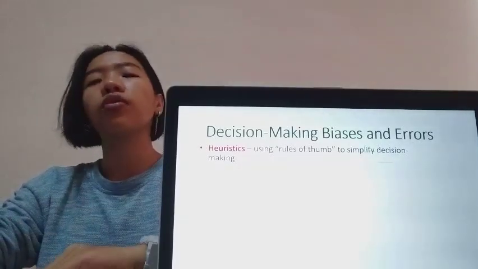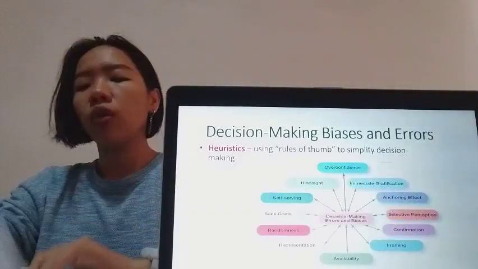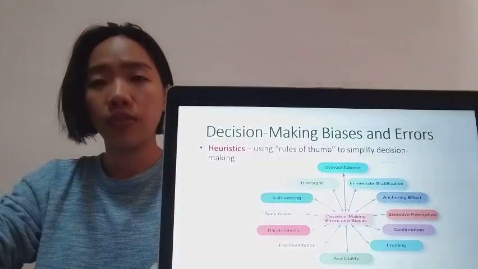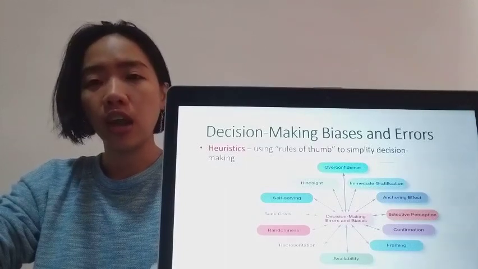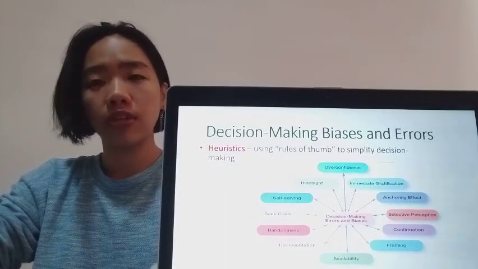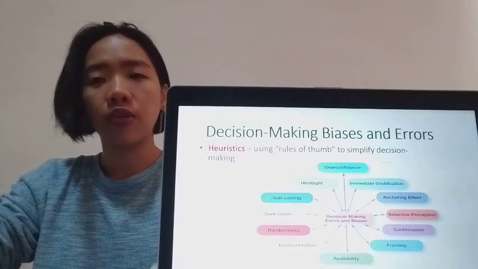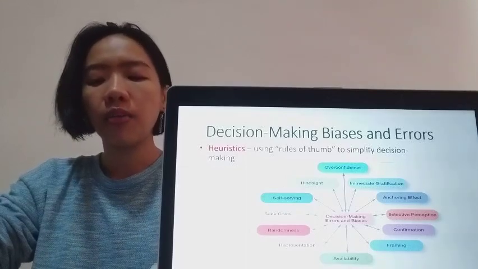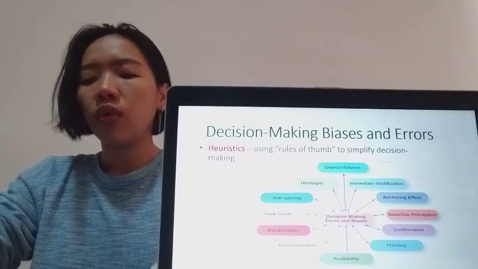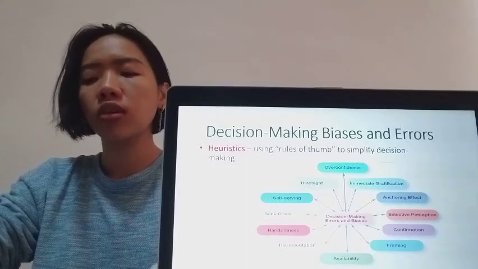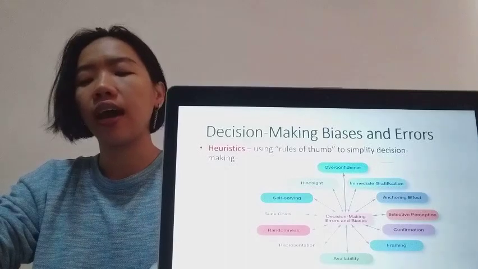We have 12 common mistakes, which are overconfidence, immediate gratification, anchoring, selective perception, confirmation, framing, availability, representation, randomness, sunk cost, self-serving bias, and hindsight.